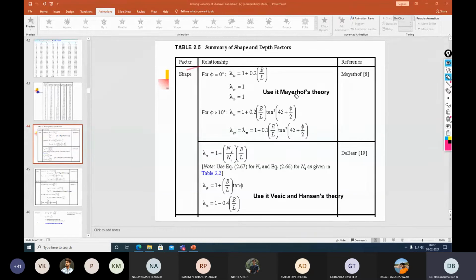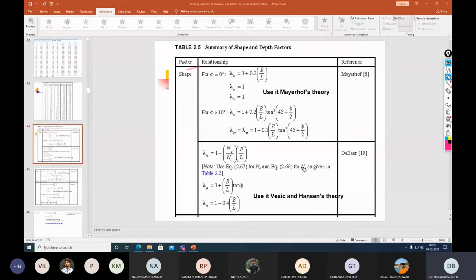Subsequently, the Meyerhof equation was further extended by Vesic and Hansen, and in fact these equations were also extended by various other people, but we don't use them much. So we majorly use the generalized bearing capacity equation, that is Meyerhof, Vesic, or Hansen.